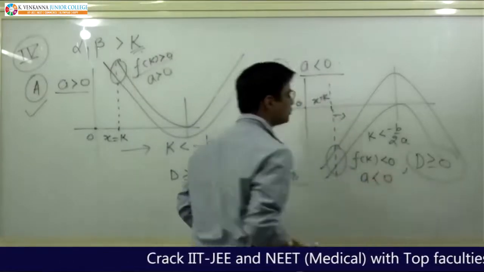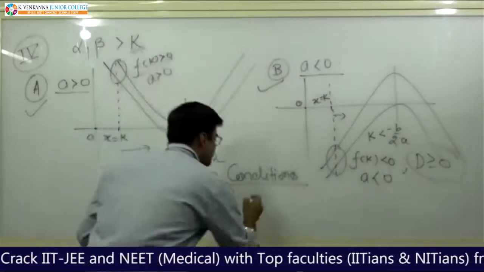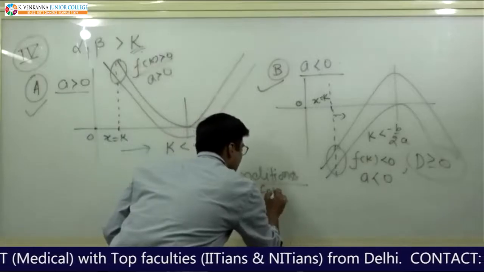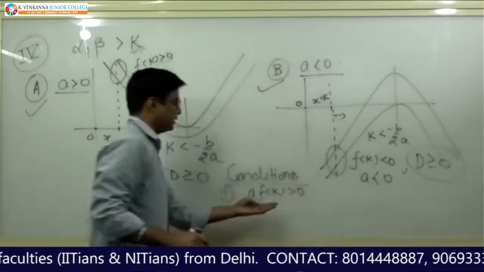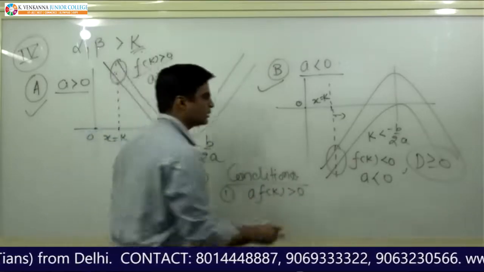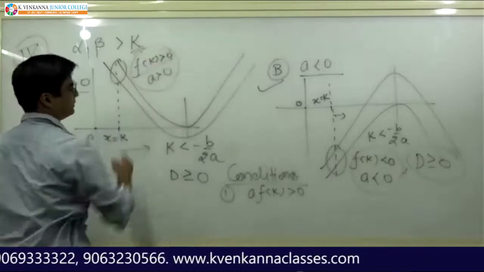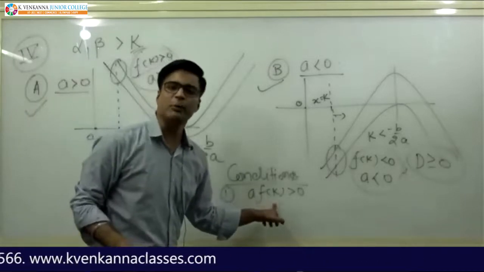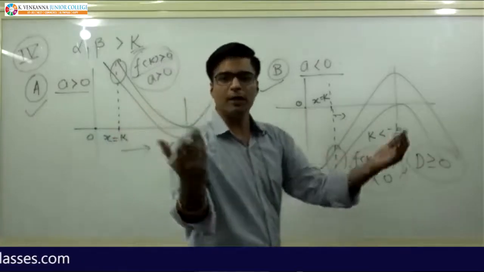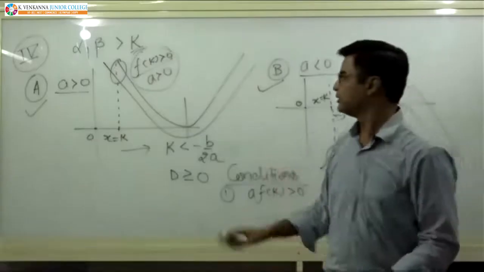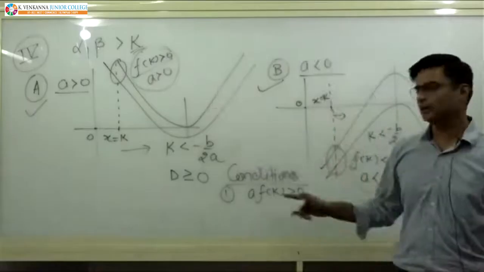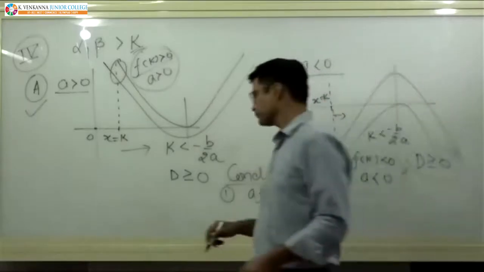That means both are of the same sign. So we can directly say a times f of k is greater than 0. This condition includes both cases. It says a into f of k is positive, that means either both are positive or both are negative. So we are covering these two cases in this first condition.